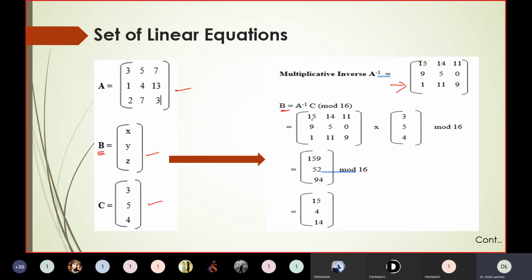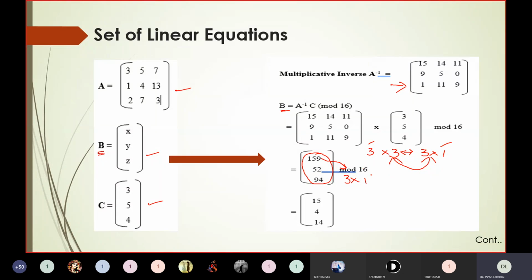Here the A inverse matrix contains 3 rows, 3 columns. Here this matrix contains 3 rows, 1 column. So whenever these two are multiplied, we will get a matrix of 3 by 1. Each and every individual element is taken mod 16.